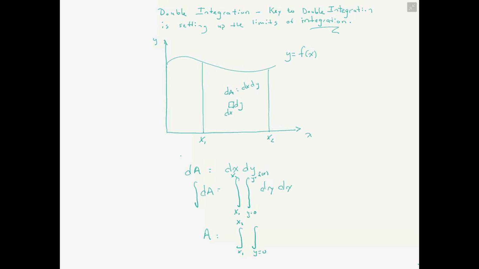y equals 0 to f of x, y equals f of x in the first integration, because we're summing up the differential areas in the y direction. And then we sum them up in the x direction.